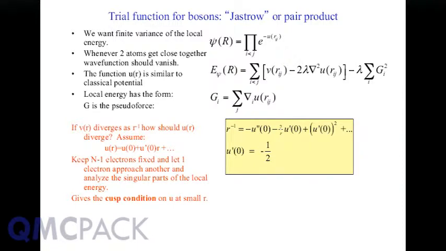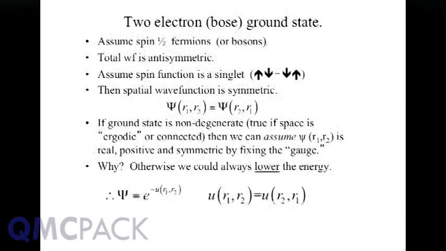Okay, but this one. Now this term right here, you have to remember in 3 dimensions, what is del squared acting on a function? Del squared of U is equal to U double prime plus 2/R U prime.